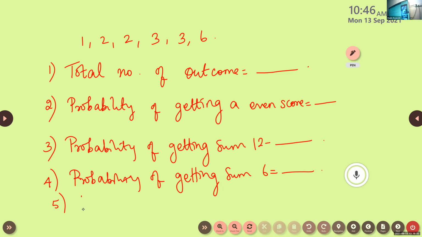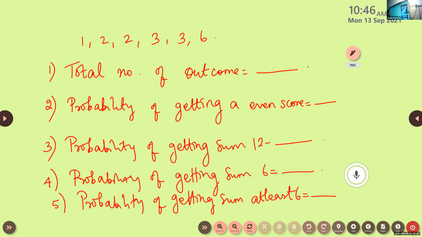Fifth one, probability of getting at least 6. Try this one.